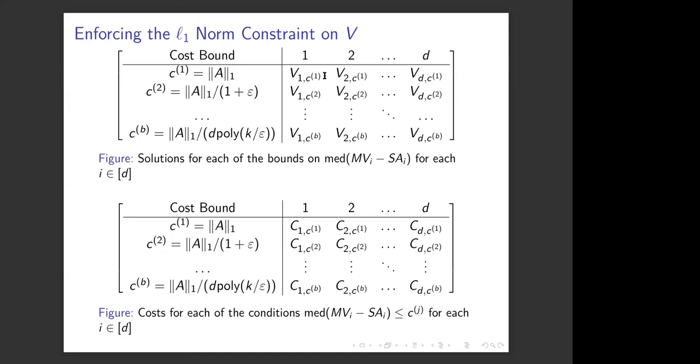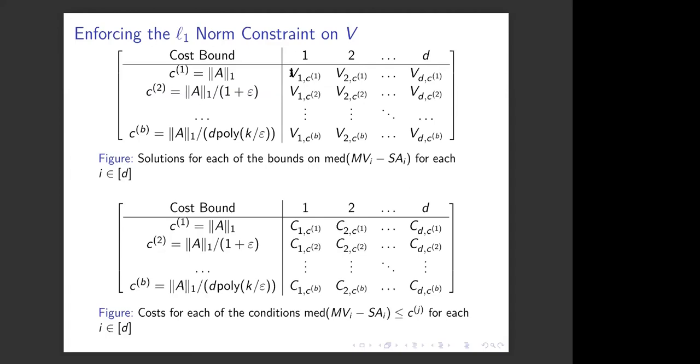How do we do that? Well, observe that in each column, only one cost bound can be chosen, right? So in the integer linear program, we write that constraint by saying that the sum of all the variables in each column is at most 1. But what does that mean?